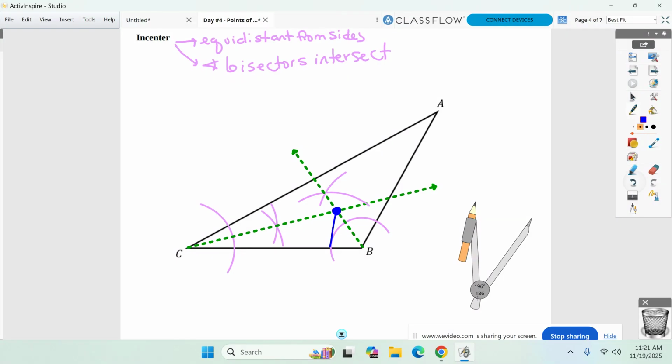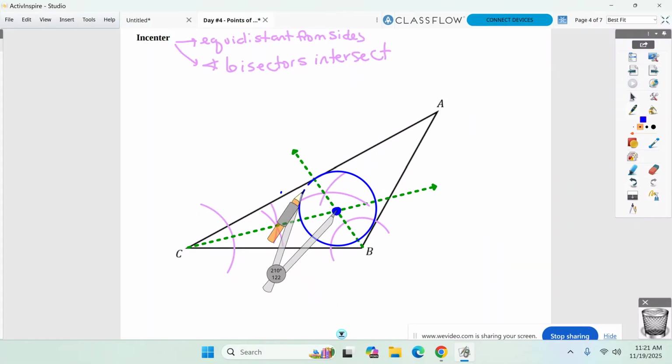It's kind of hard to check. That's going to be the center of a circle you could draw inside instead of outside.